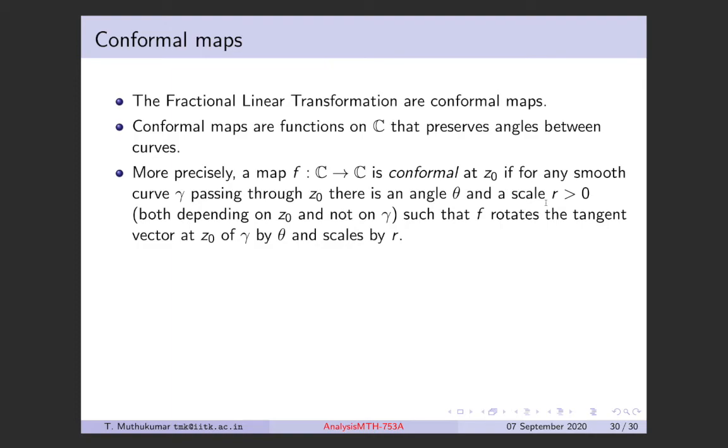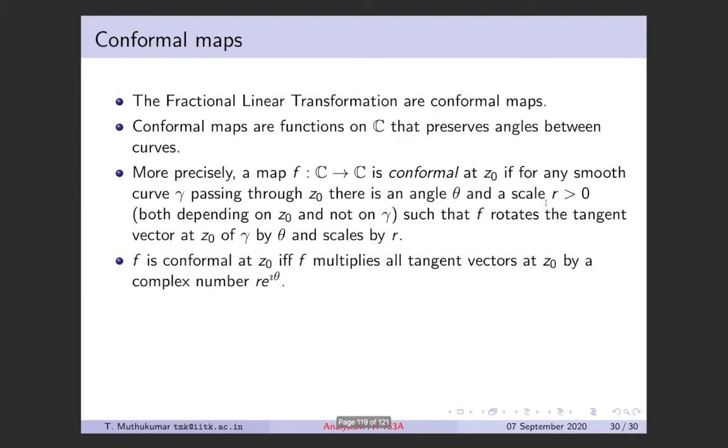Another way of looking at this conformal map is that a map is conformal if f multiplies all tangent vectors at z naught by a complex number. Now this is something you should be able to see easily, because we have already seen that every complex multiplication is rotation and dilation.